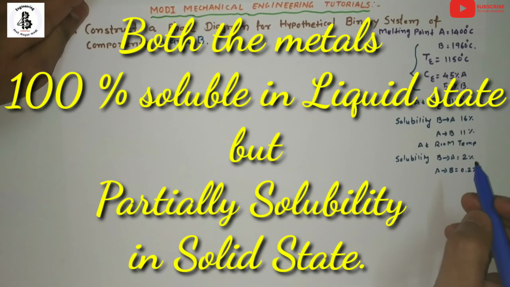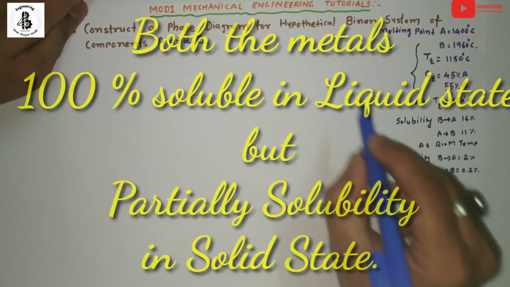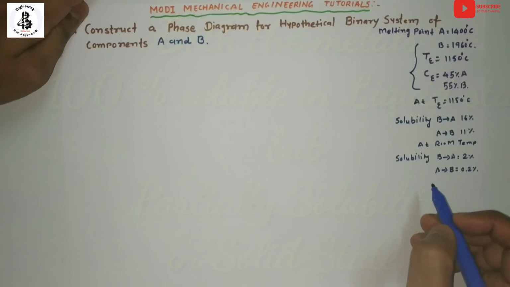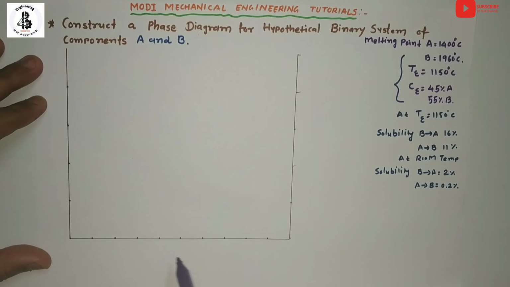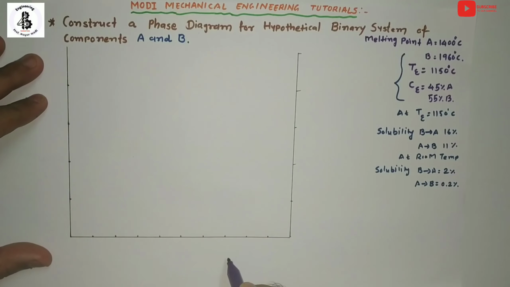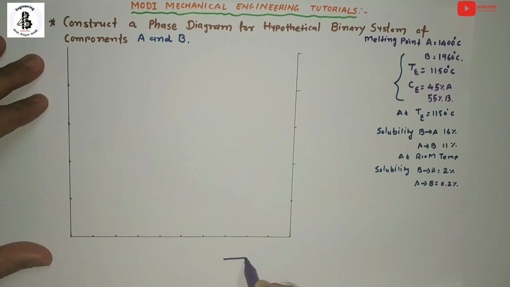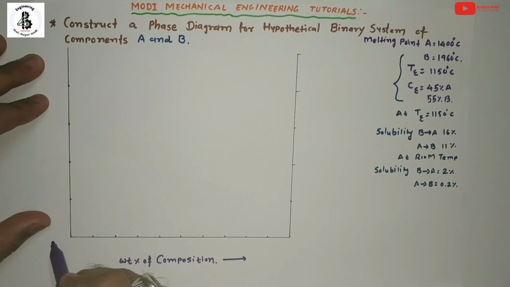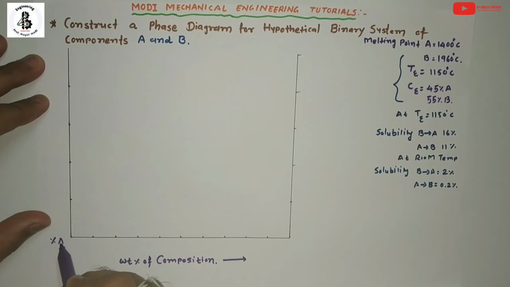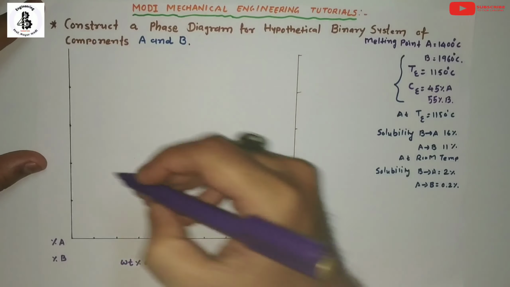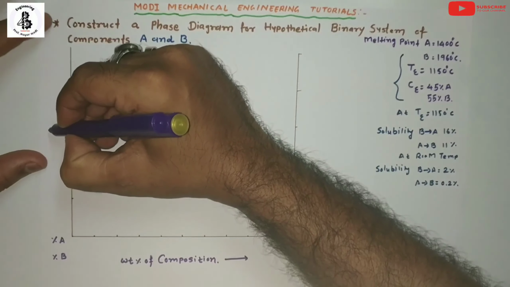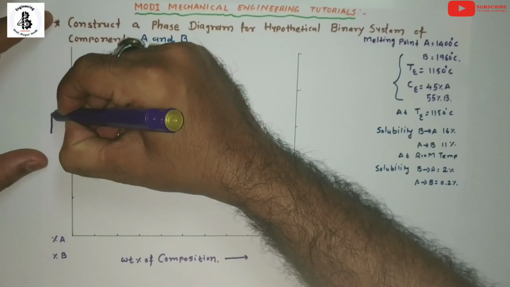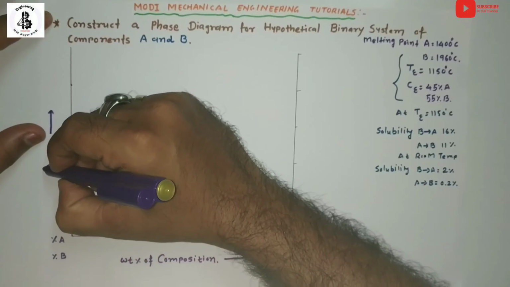So let's draw the diagram for this hypothetical binary system of A and B. After making an x-axis and y-axis, make the x-axis the weight percentage of composition, here the weight percentage of A metal and weight percentage of B, and the y-axis will represent temperature in degrees centigrade.